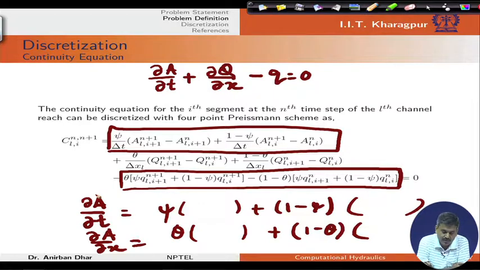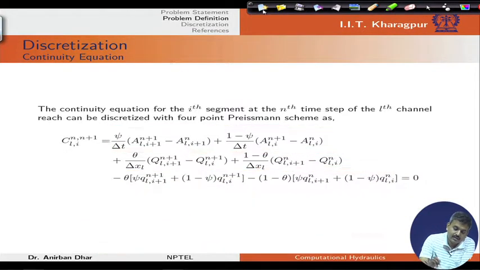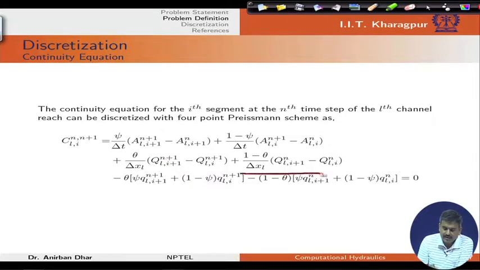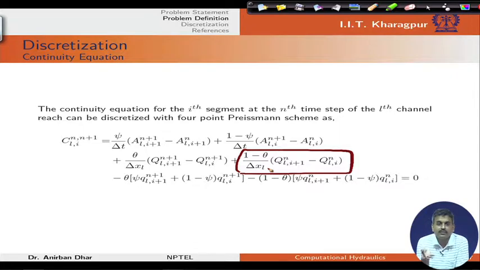If theta equals 1, again that is changing the spatial derivative. If theta equals 1, obviously we are considering the implicit case. If theta equals 0, obviously we are considering the explicit case, because the explicit or implicit consideration depends on the time level of the spatial derivative.